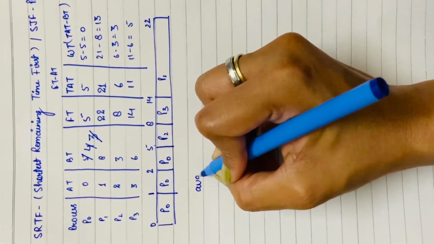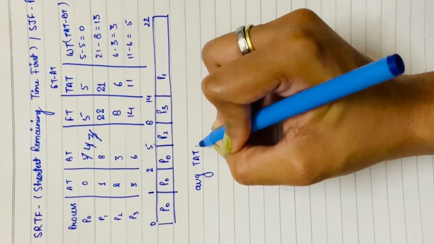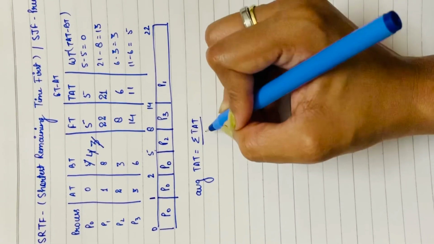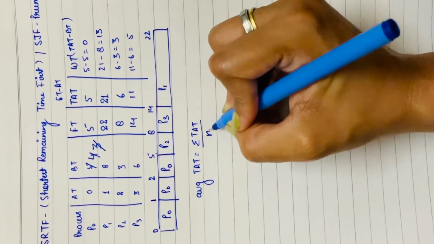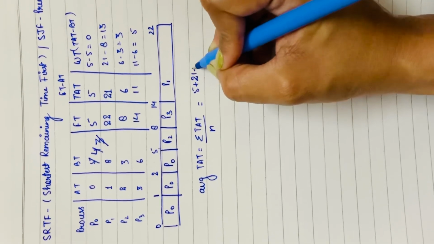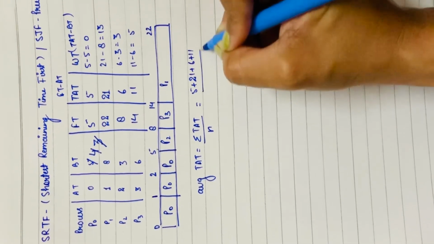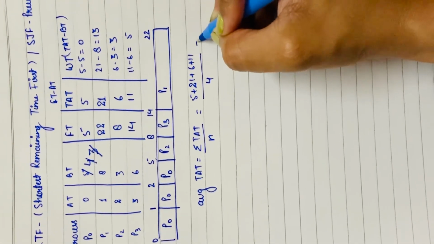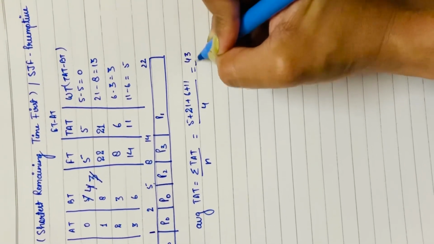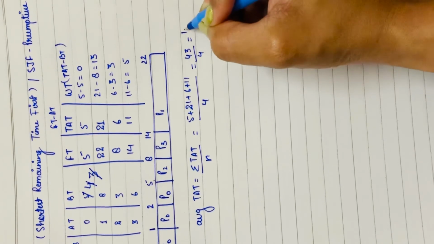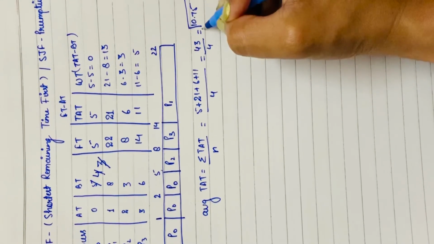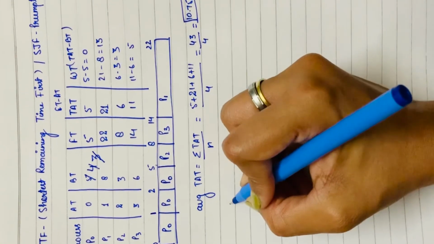Now we'll calculate the average turnaround time, which is the summation of the turnaround times of each and every process upon the total number of processes. 5 plus 21 plus 6 plus 11 upon 4, which is 43 upon 4. So this is the average turnaround time.